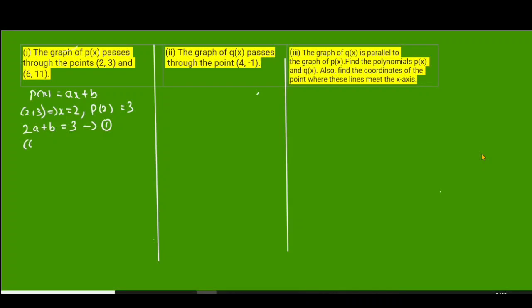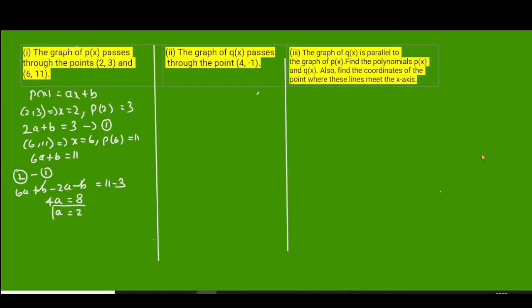Then passing through (6, 11), x is equal to 6 and P of 6 is equal to 11. So 6a plus b is equal to 11. Subtracting, 6a plus b minus 2a minus b is equal to 11 minus 3. B cancels, so 4a is equal to 8, and a is equal to 2.